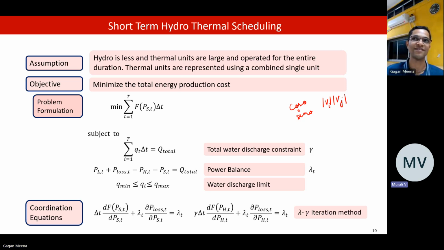But once you select a slack bus, you can fix one of these voltages. But that will happen only for one bus, and that is already known. For that bus, we are not even calculating the voltage.